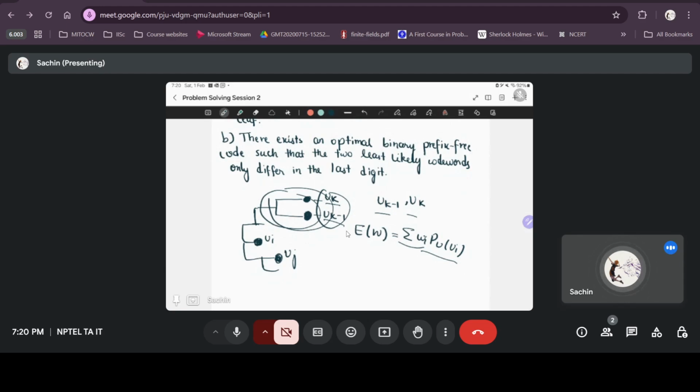Now, since we swapped those around, the overall sum of l_i P(U_i) will go down.